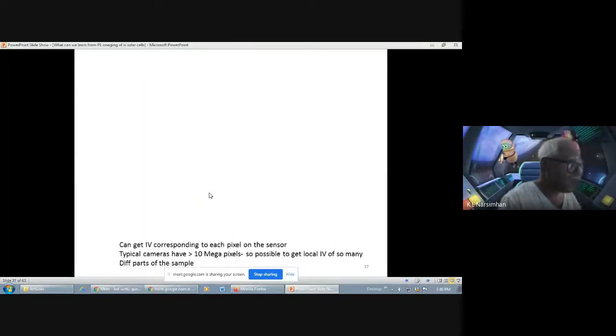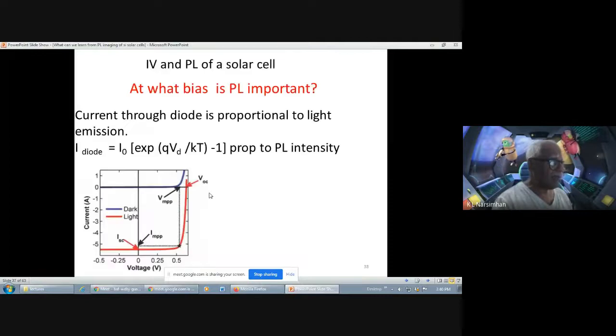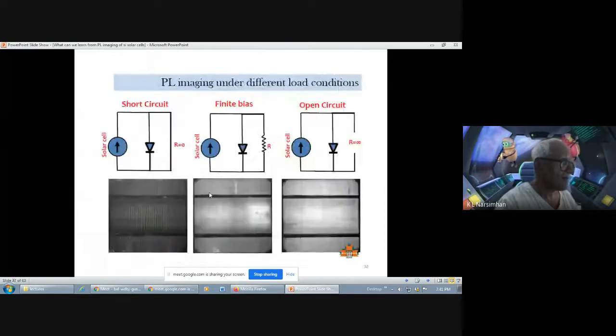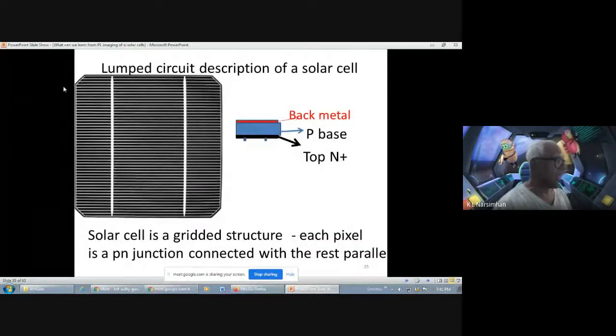This is advantageous because if I can get this IV for each pixel, I have this big solar cell. Normally if you connect a current and voltage, you will get the IV of this whole cell.